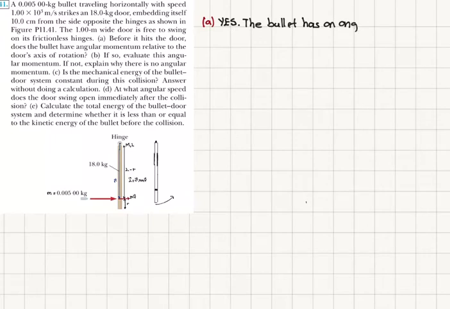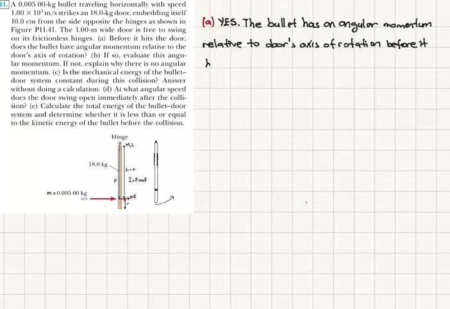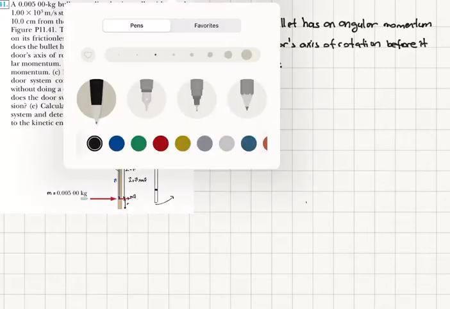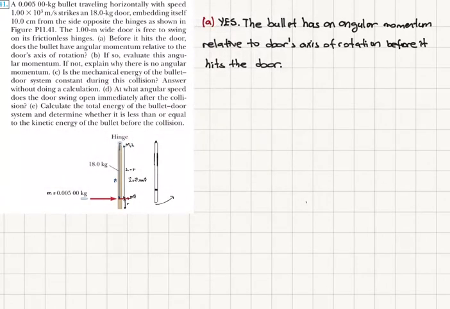So yes, the bullet has an angular momentum relative to the door's axis of rotation before it hits the door.